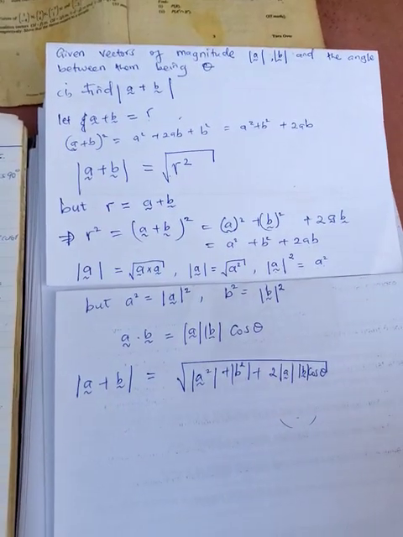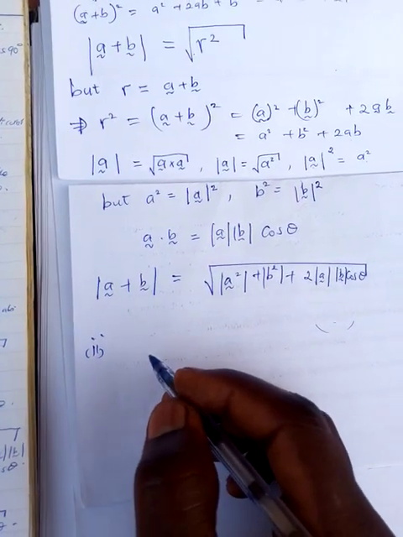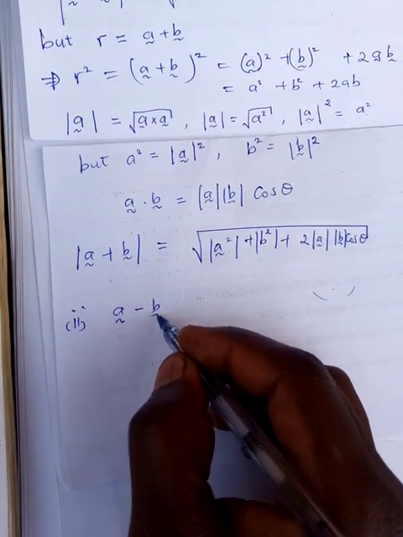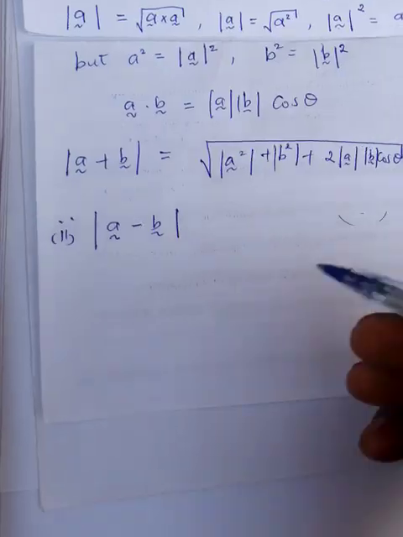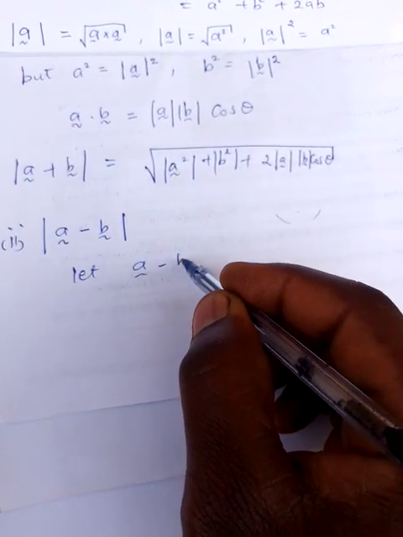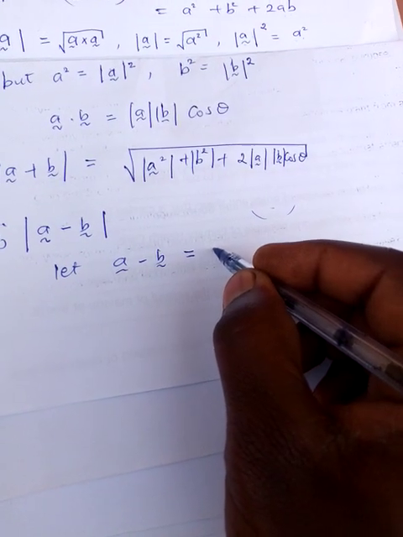Then I can also have number 2: a minus b. Find that. This implies, just say let a minus b equal to, let us say, p.